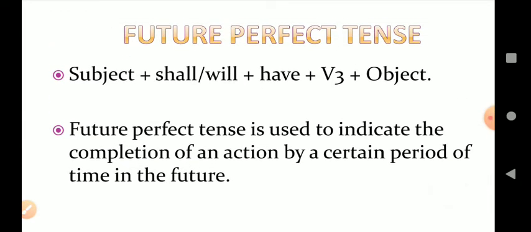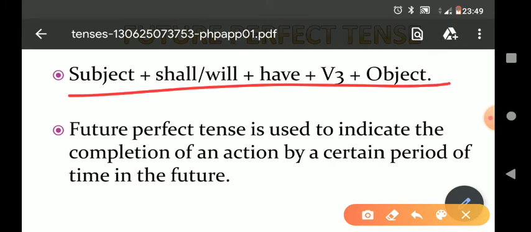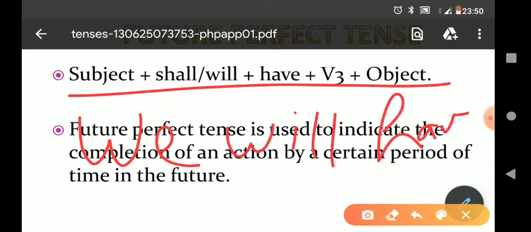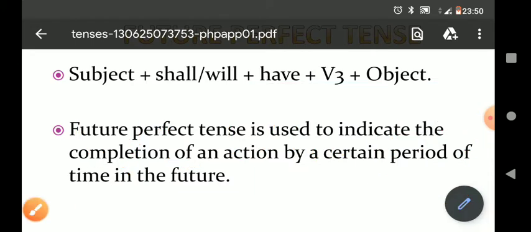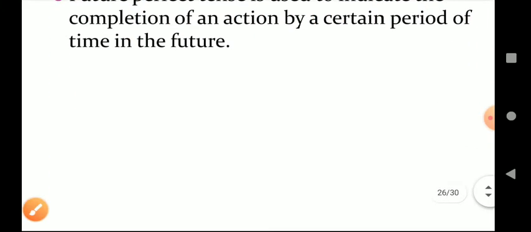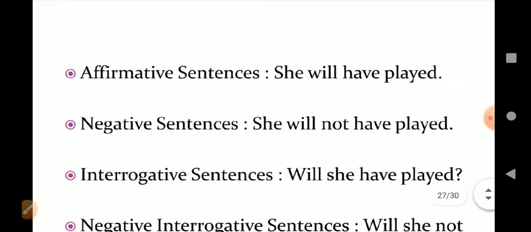Like the rule is here: subject plus shall/will plus have plus V3 plus object. I can give you an example: we will have played cricket. मीन्स हम लोग क्रिकेट खेल चुके होंगे. Any action which will start in the future and will complete also in that time. And you are again seeing the examples.